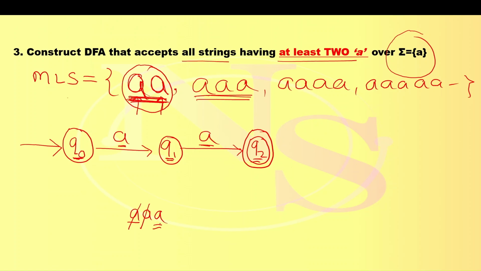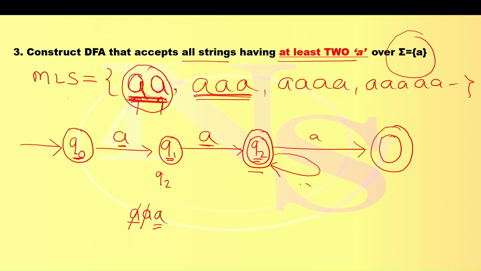This third A, Q2 has to read. As this is a valid string, if Q2 reads the third A, it should enter into the final state. But we already have the final state, so this transition can be like this. Hence, there are two possibilities for the third A. Out of this, we need to have only one possibility.